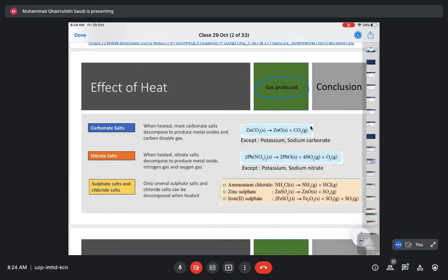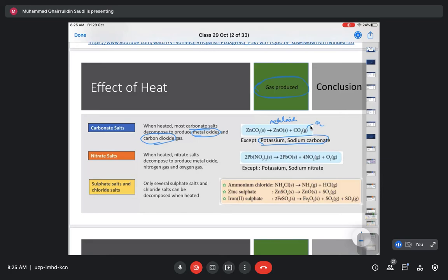Okay, untuk carbonate salt, kebanyakan carbonate salt bila kita heatkan dia akan produce metal oxide dengan carbon dioxide gas. So ini adalah metal oxide. Ini adalah carbon dioxide gas. Okay, except for potassium dengan sodium carbonate. Dia tak akan decompose.